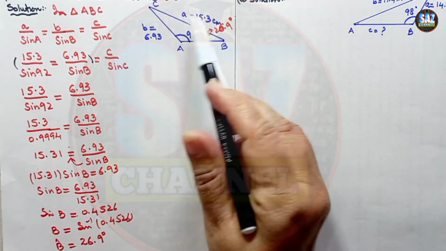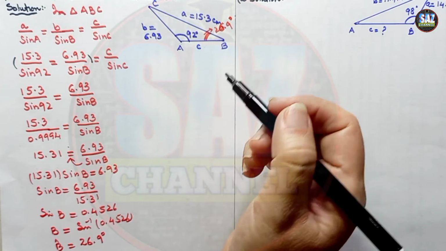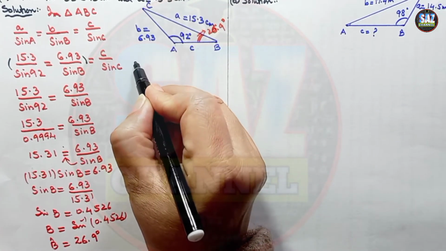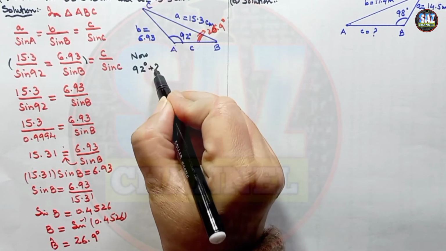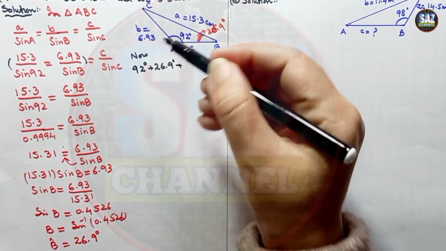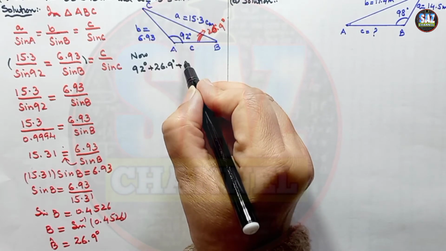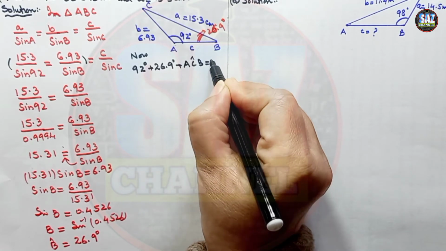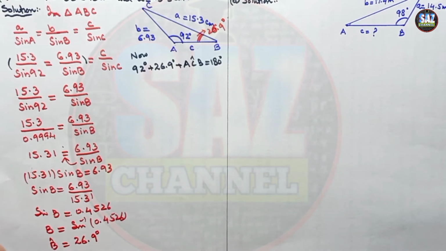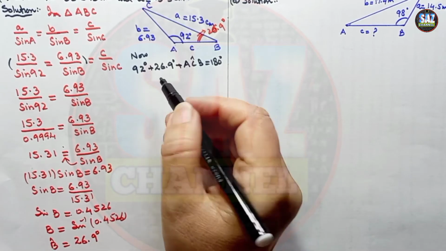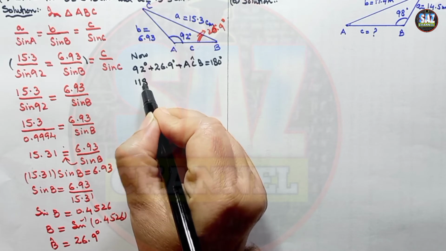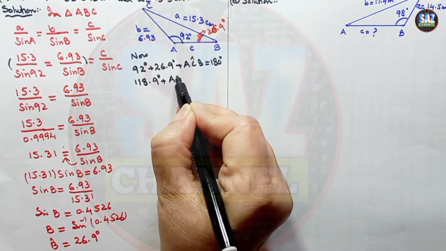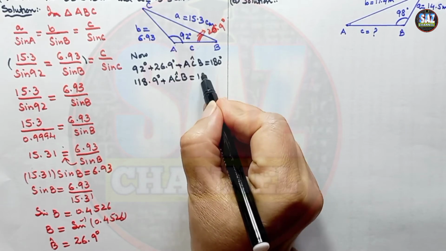For finding angle C, I will not apply sine law because I have an easier technique. We know that the sum of the interior angles of a triangle is 180 degrees. So 92 degrees plus 26.9 degrees plus angle ACB equals 180 degrees. 92 plus 26.9 gives 118.9, so 118.9 plus ACB equals 180 degrees.